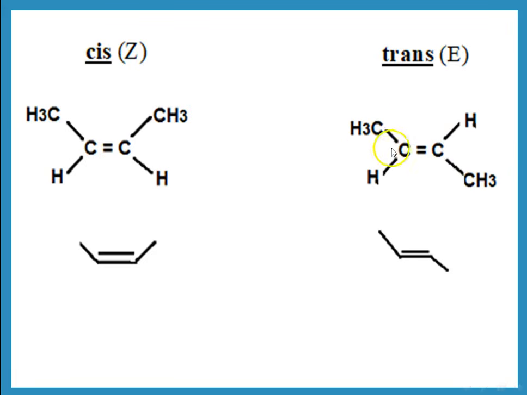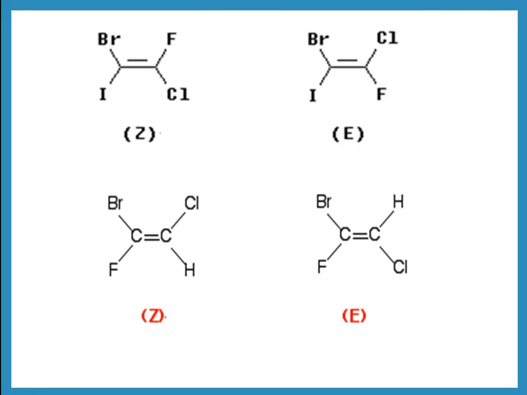If the 2 methyl groups are on opposite sides of the double bond, this is called a trans isomer or an E isomer. So in order to determine if something is a Z or an E, or a trans or a cis, we look at the priorities of the masses of each one. So for example, bromine and iodine, which one has higher atomic mass?